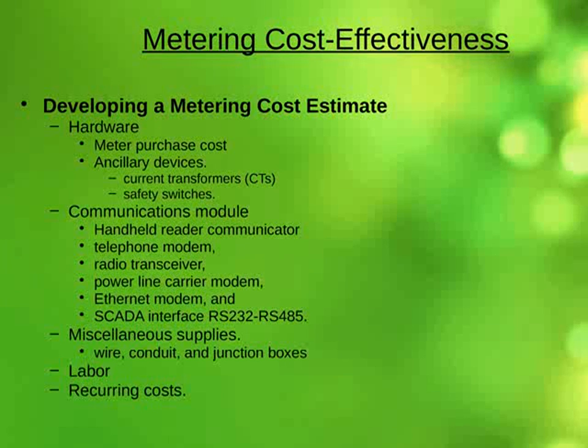Now, I'm going to try to flip through these slides as best I can so that we are allowed some time for questions and answers at the end. So hopefully you're able to browse through the slides and look at what we're talking about with those different categories of metering cost estimate. Next slide, please.